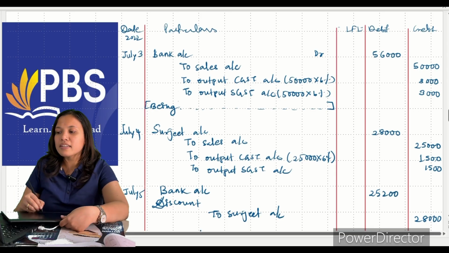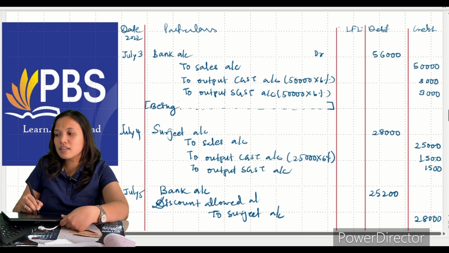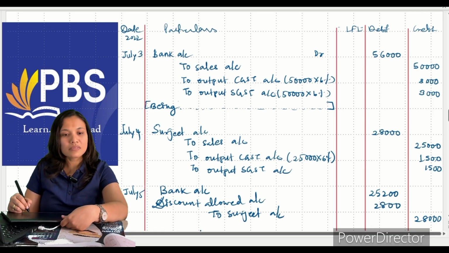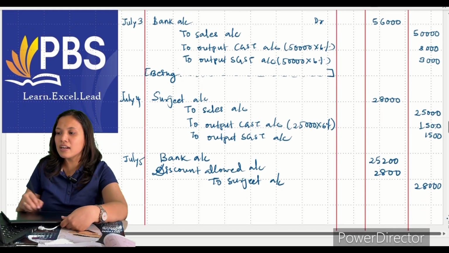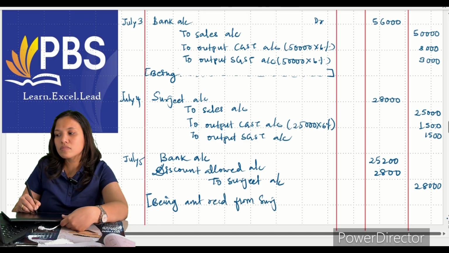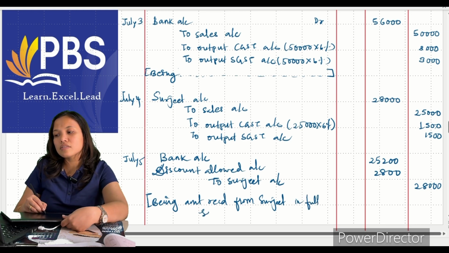So the rest is my discount. Discount allowed account. How much is the discount allowed? 2,800 rupees. Simple. So this is my entry. Please write down the narration: Being amount received from Surjit in full settlement of his account.